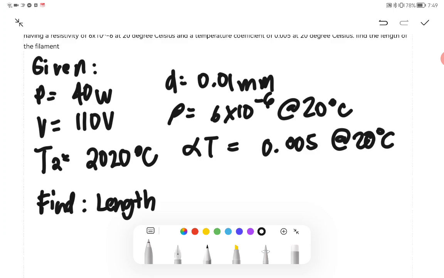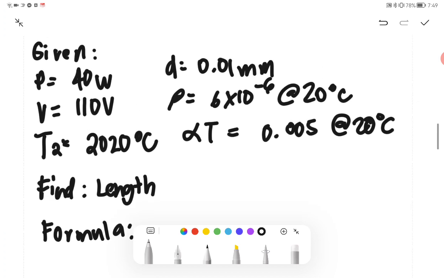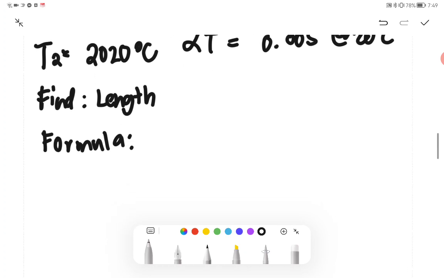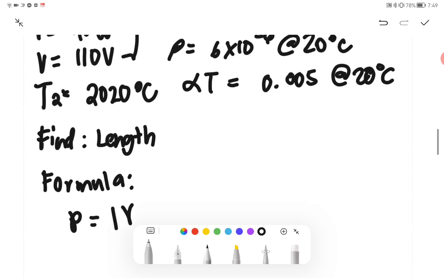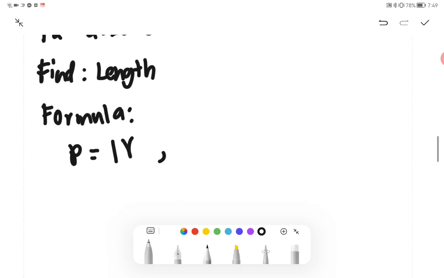Okay, so let's go ahead. What formula do we have to use? First, we have to get the resistance using this one. P is equals to IV, right? And V is equals to IR.